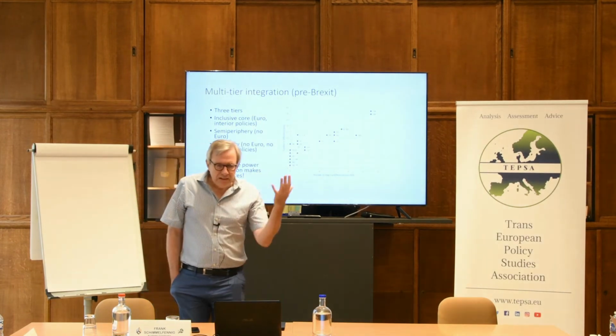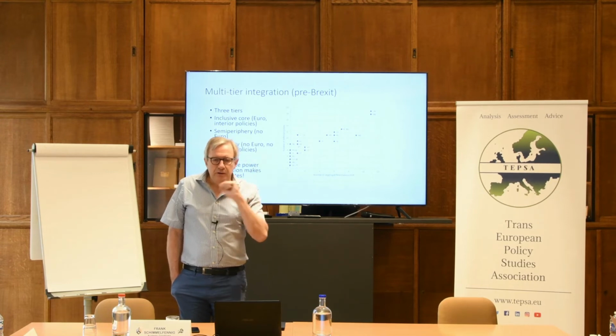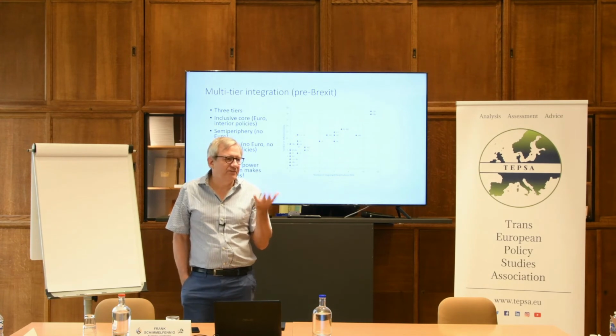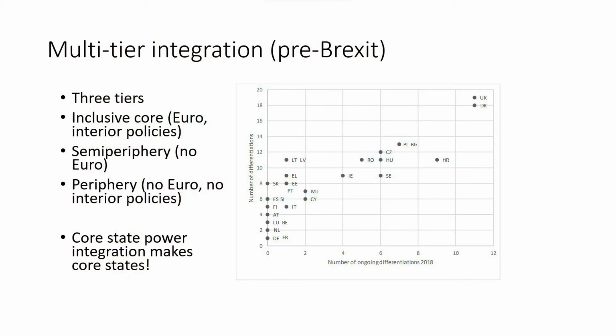from becoming part of the core, but it's basically on your own decision. So it also shows how much this is a voluntary system. Of course, based on their capacity, the UK and Denmark could have been part of the core if they had ever wanted to.